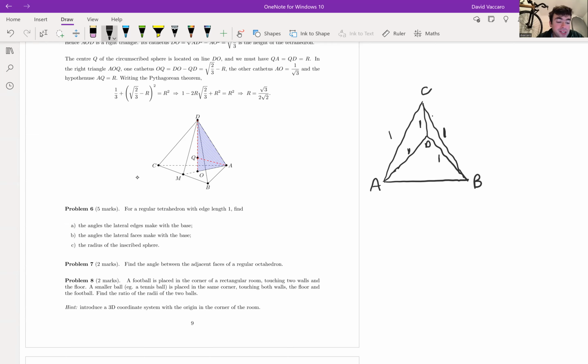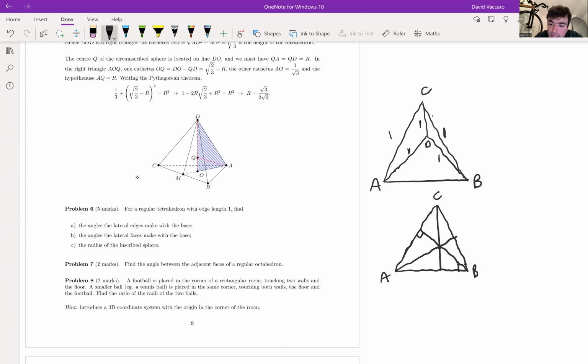So we must be at the circumcenter of an equilateral triangle. I'm just going to draw the base ABC. The circumcenter is the point where the perpendicular bisectors meet, and for an equilateral triangle, that's also the angle bisectors.